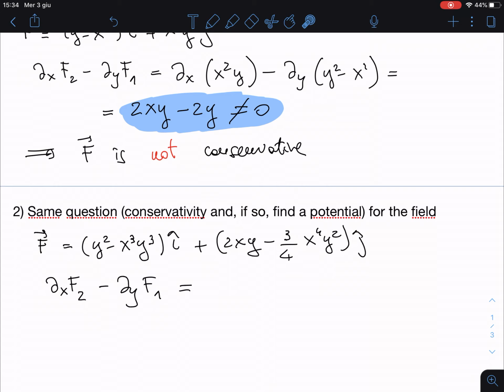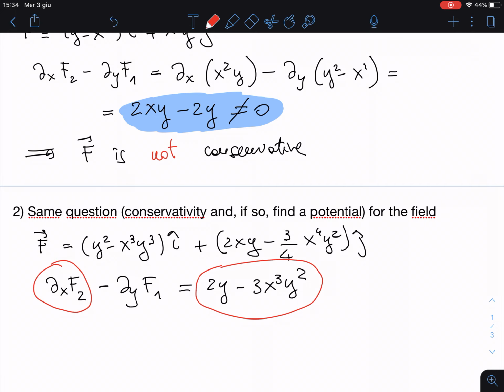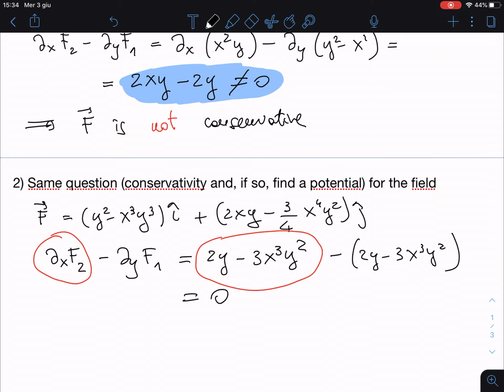So you end up with 2y minus 3x cubed y squared, minus, and now dy f1, which is 2y minus 3x cubed y squared, and this is equal to 0. So F is irrotational.